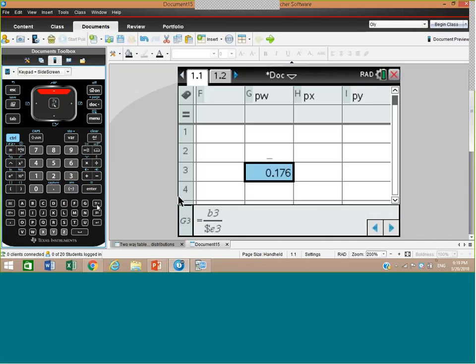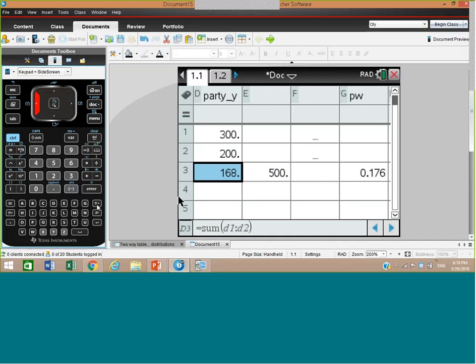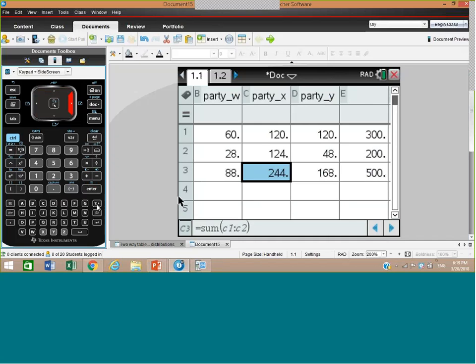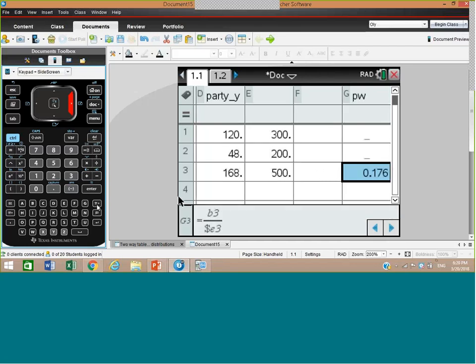Sure. If you remember, when he copied the formula initially that was in B3, which was the total for party W, he copied that over to column C and D, and it automatically adjusted the formula. So instead of saying B, it changed itself to being column C and column D. Well, now the divisor here is that 500 in column E. As we calculate the probabilities for being in party W or X or Y, we want to divide by 500 every time.